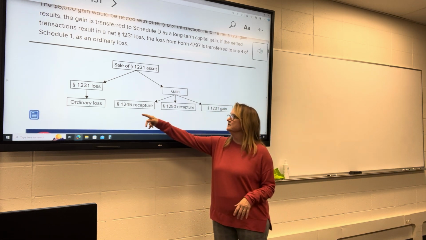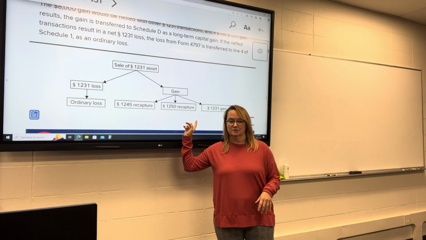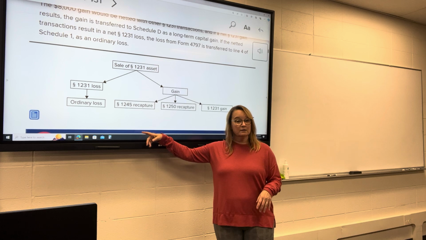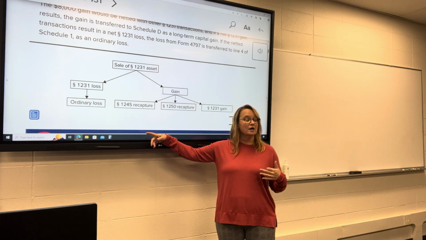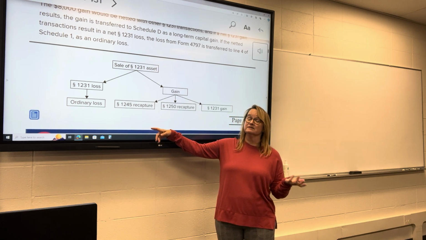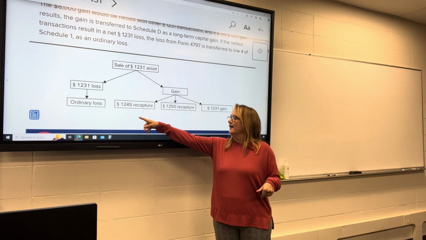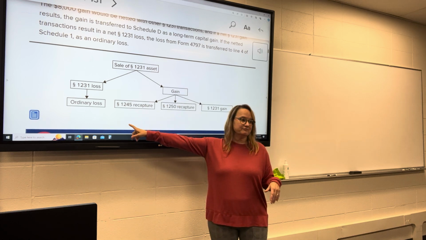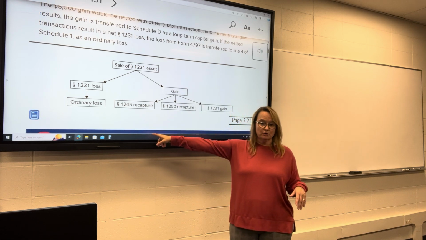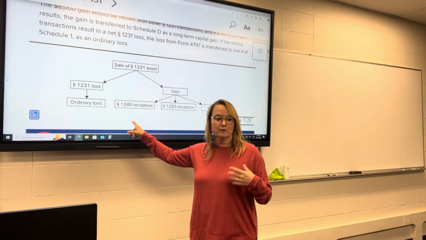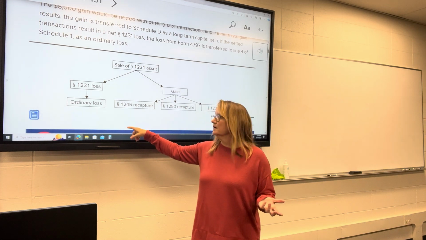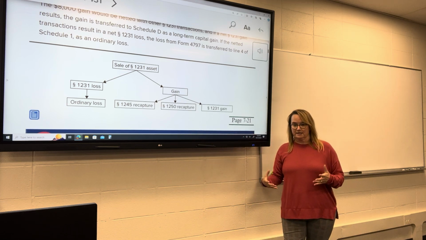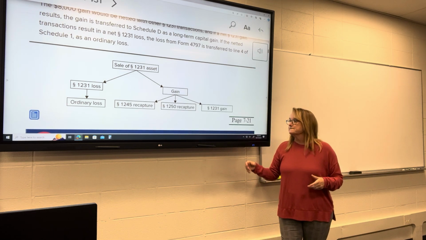1245 recapture and 1250 recapture both have to do with depreciation. Depreciation that was allowed or allowable, that was taken in the past, or you were entitled to take in the past, even if you didn't. That is what this recapture is about. 1245 refers to personal property recapture, so equipment, furnishings, that sort of thing. 1250 recapture refers to real estate recapture, okay?